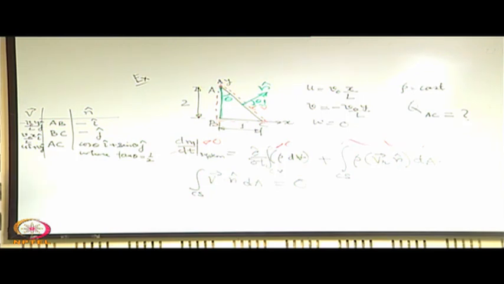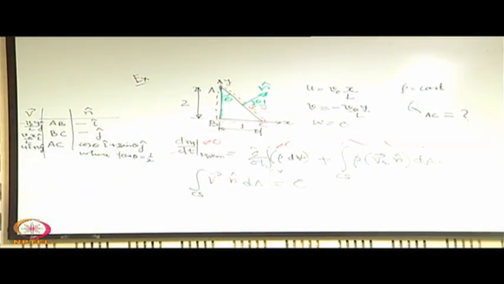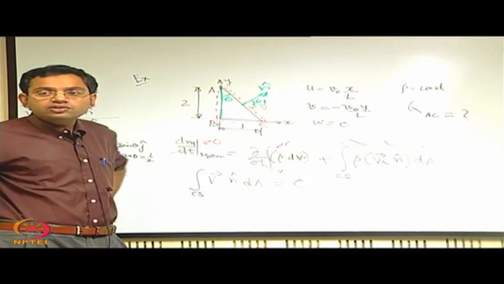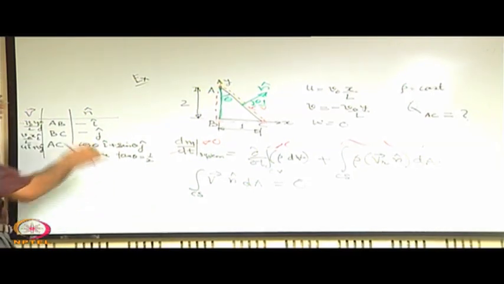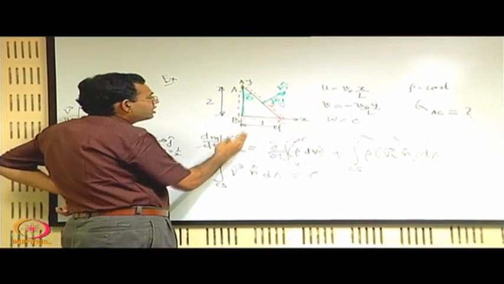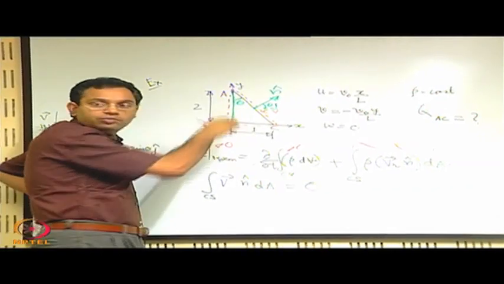So, let us start with AB. You can of course try to evaluate this, but let us not do that. You see that the velocity along AB is oriented along AB, so there is no normal component of that.